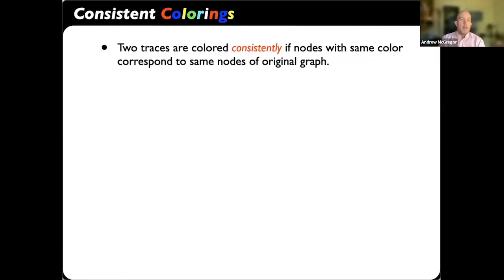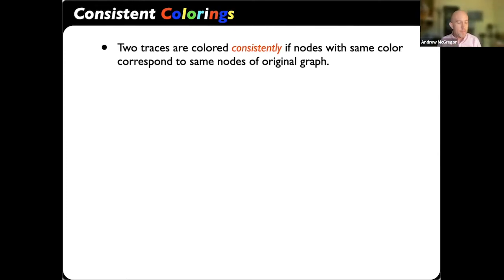Okay, so the basic idea is that we take multiple traces, so multiple subgraphs, and we want to color the nodes in each trace consistently. And what do we mean by consistently?